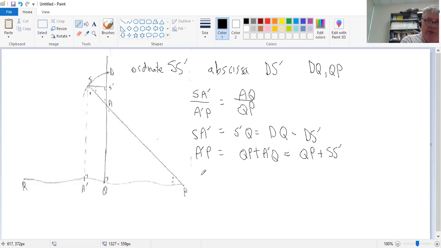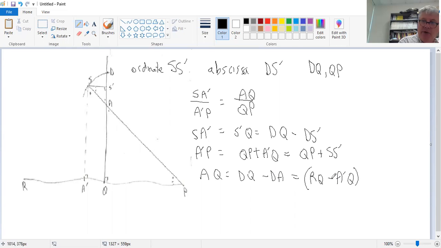Okay, so let's work on the ratio AQ over QP. So AQ is equal to DQ minus DA. And so that's there on the vertical axis. Let's transfer that to the horizontal axis, and we can do that. It's equivalent to RQ minus A prime Q, right?